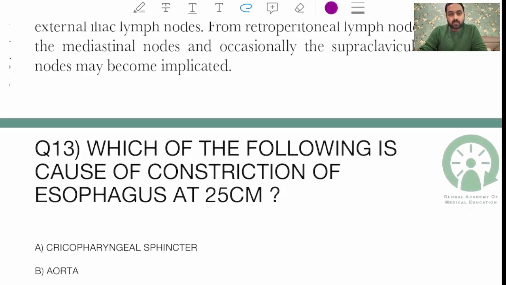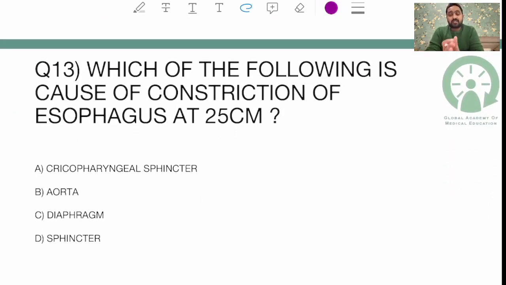Now we have another question which was asked in a very twisted way. This is a quite often repeated question in your FMGE exam, which is regarding the constriction of the esophagus. And now they were asking regarding at 25 centimeter from incisors, which is the cause of constriction, right?